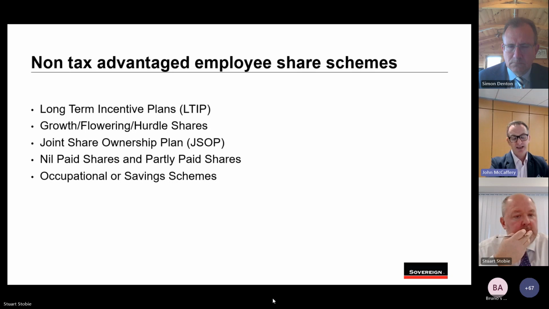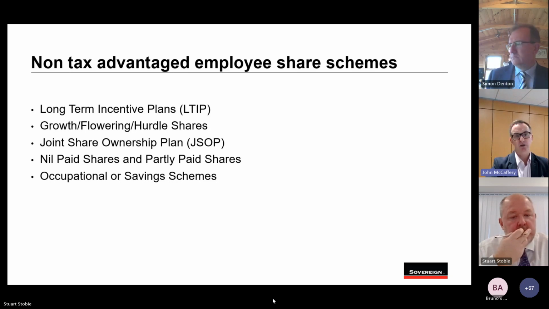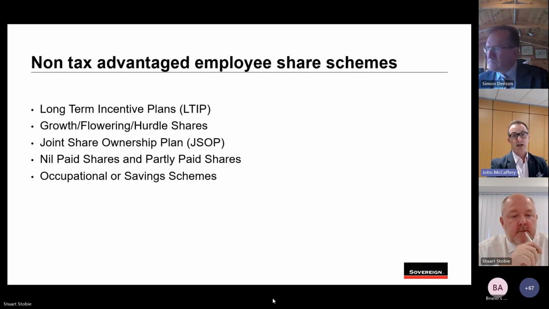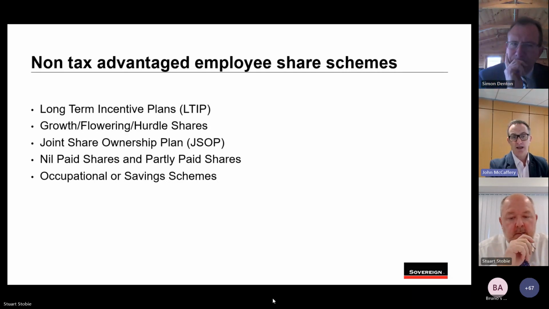It doesn't have any existing value. It's only got the future hope value. And the revenue accept that hope value is a relatively small amount, and therefore any tax charges on the issue of those shares are limited.